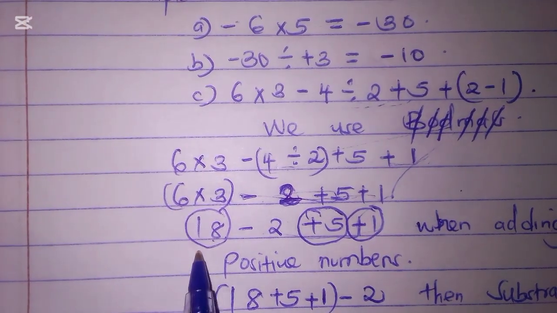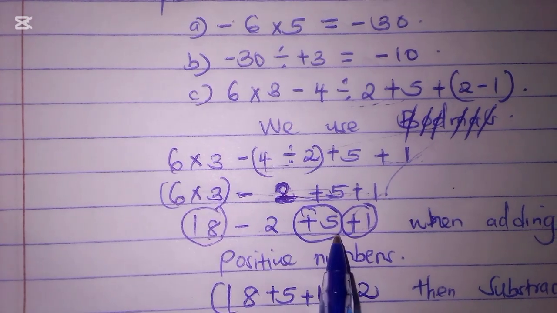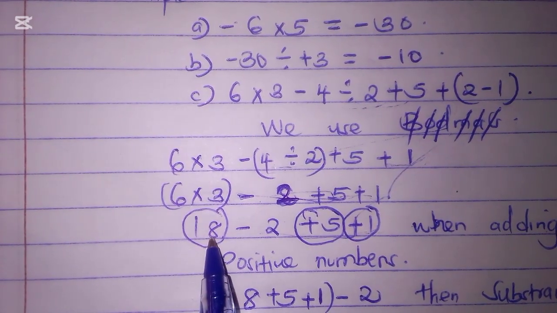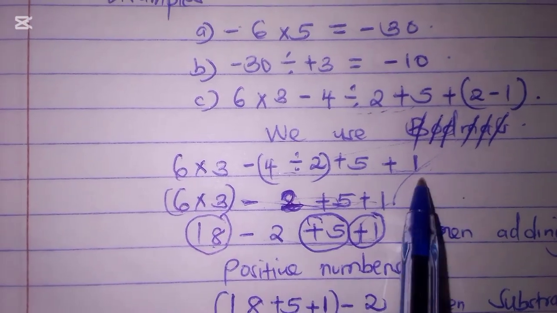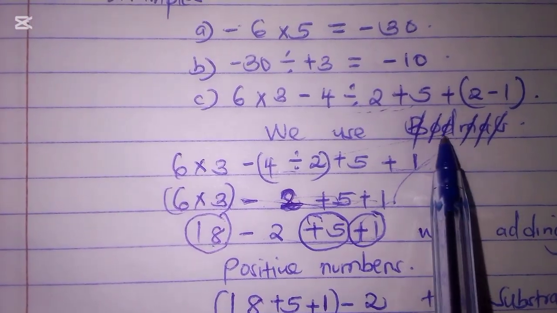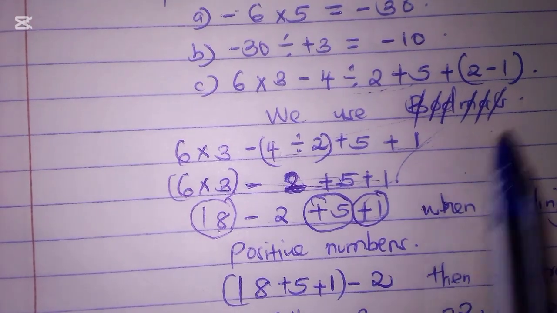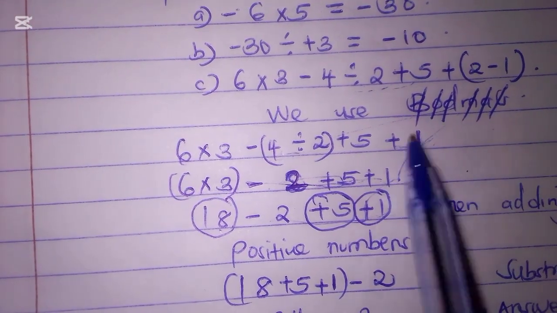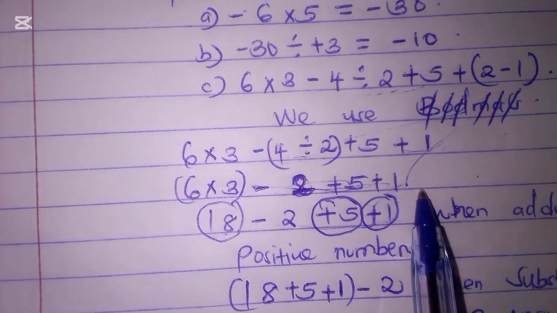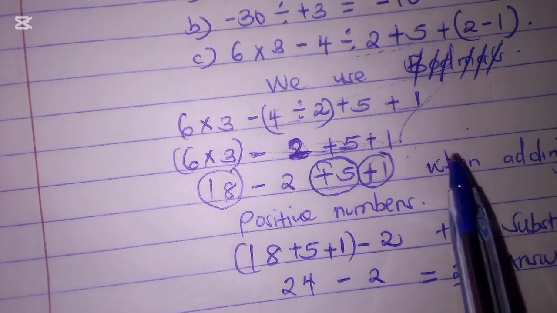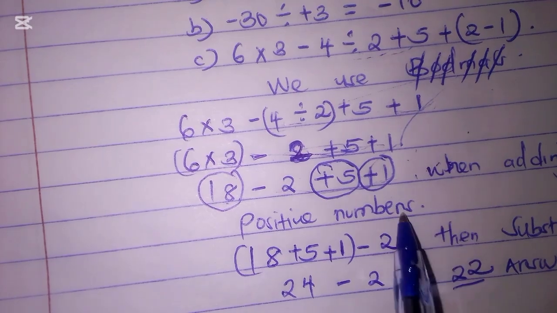You'll get a student adding 2 plus 5 plus 1, then subtracting all of that from 18, and that is totally wrong. So when you're doing integers or any operation to do with BODMAS, be keen when to add and subtract. You're only supposed to add when you're dealing with positive numbers. And whenever you're going to do subtraction, you're subtracting a negative number.